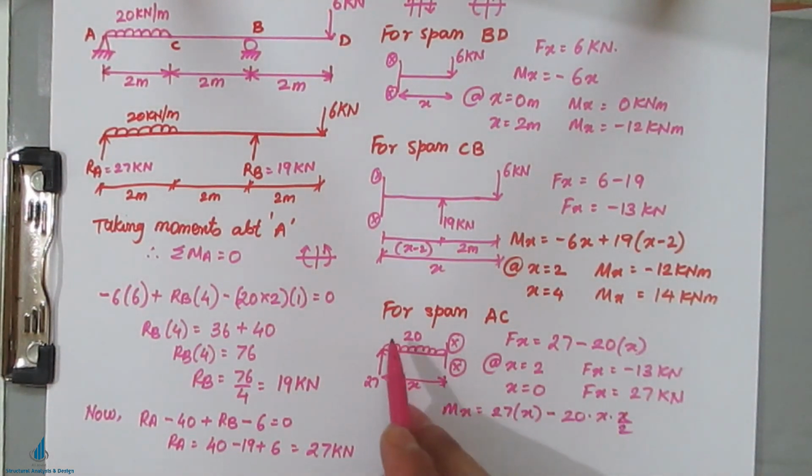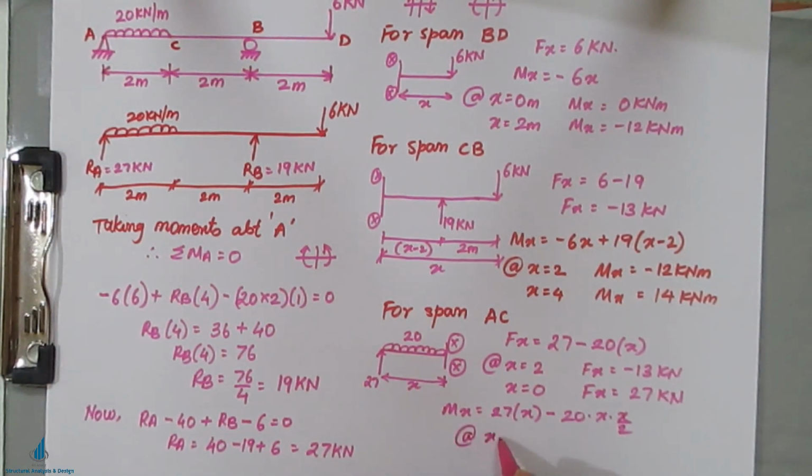This is a UDL, so we have to be careful while taking the bending moment. 20 into x will be the point load and it will act at the center of that particular span x, that's why it is x by 2. So 20 into x by 2. And again it will have two values. At x equal to 2, Mx is 14 kilonewton meter, and at x equal to 0, Mx is 0 kilonewton meter.